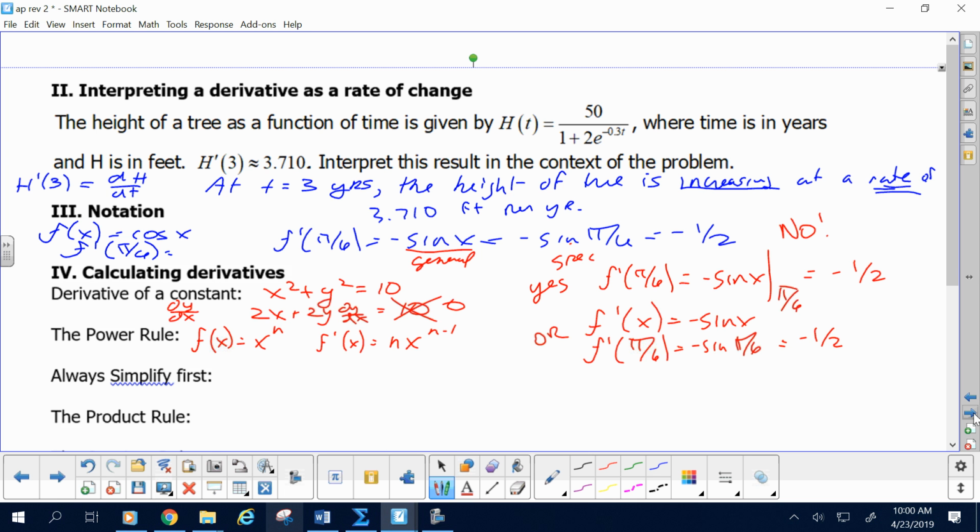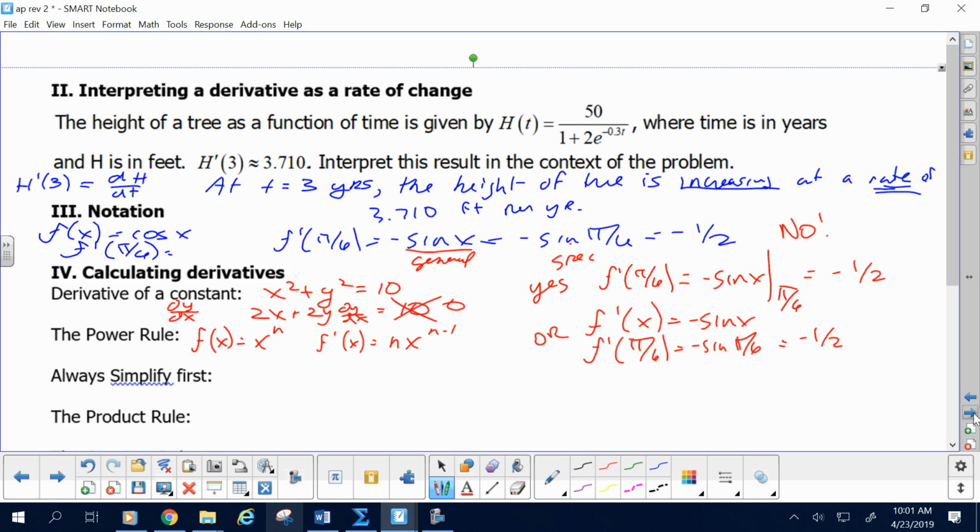For example, if I say f of x is sine of x to the x, I guarantee you there will be a multiple choice on there where they say, is this person thinking they can use the power rule here, and this is x times sine of x to the x minus 1, and is that true? No. That is garbage. That is bad math.